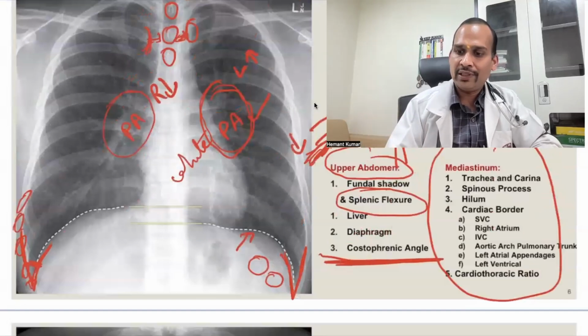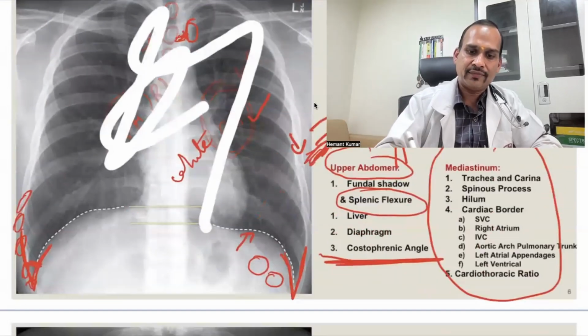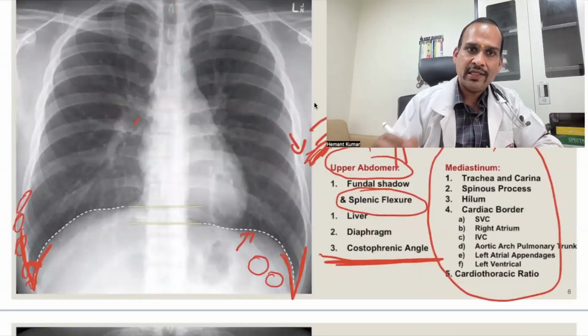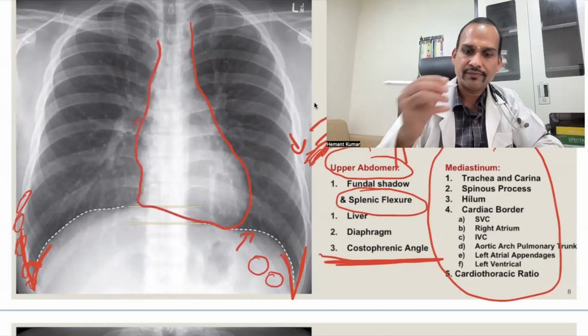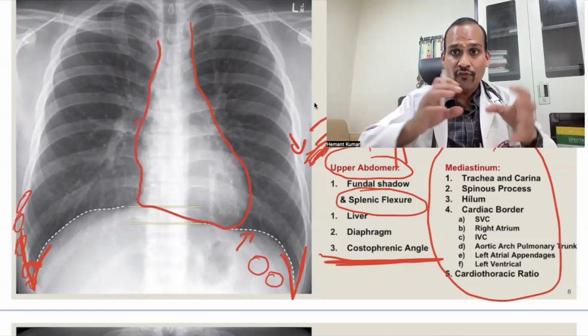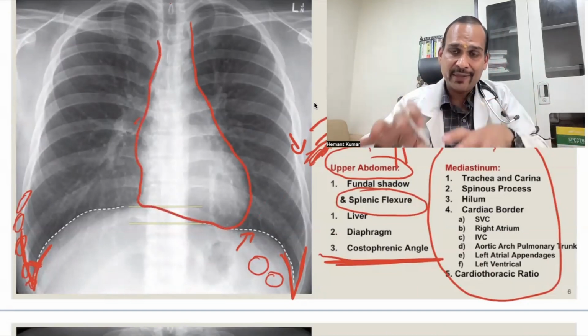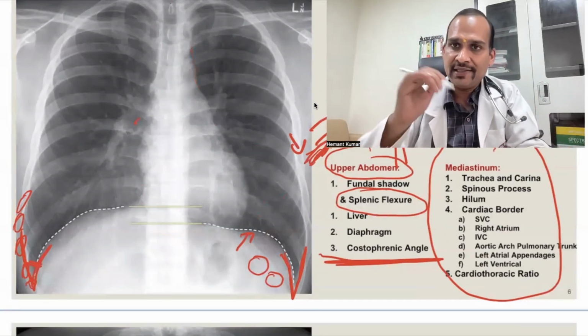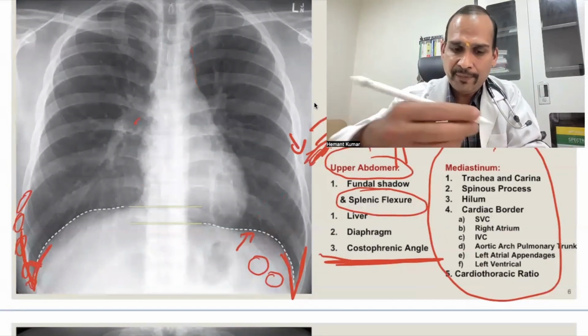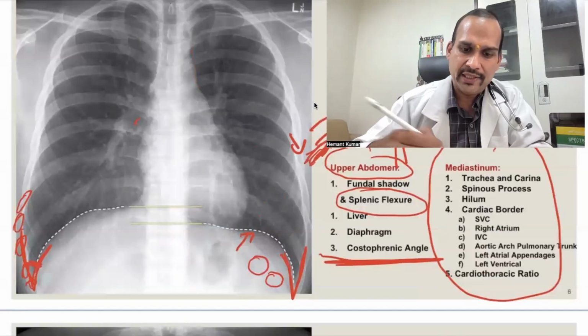Now see the important thing, the cardiac border. In a chest X-ray, can you see the cardiac border? Yes. This is the cardiac border. What are the structures that make the cardiac border? That is important. Let's see from upward to the lower side.